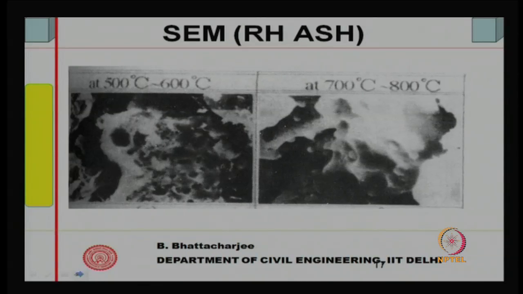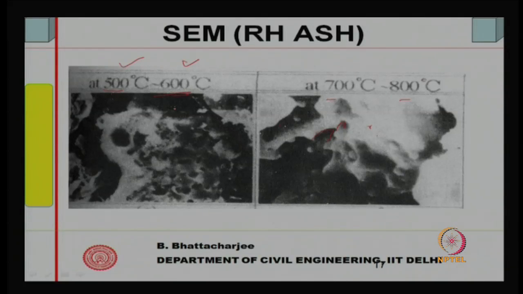Now, rice husk ash, if you see, turns out to be cellular in nature, there are cells. So, this is not a rounded shape anymore, but you can see the cellular structure becomes visible, and that will depend upon at what temperature they have been burnt, 700 to 800 degree centigrade, this is 500 to 600 degree centigrade.